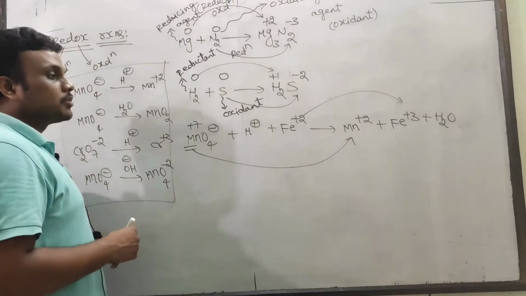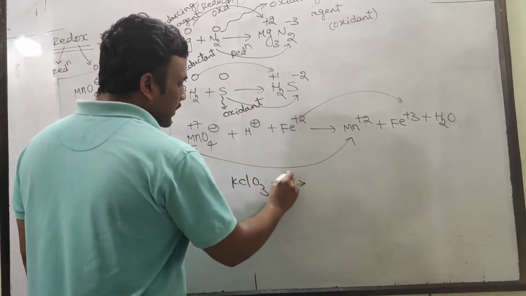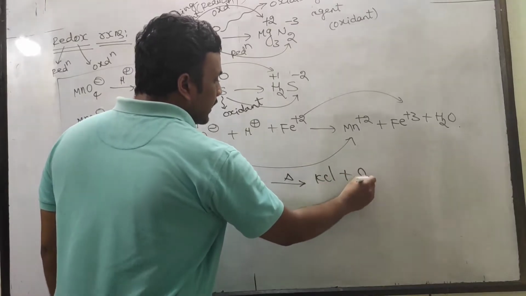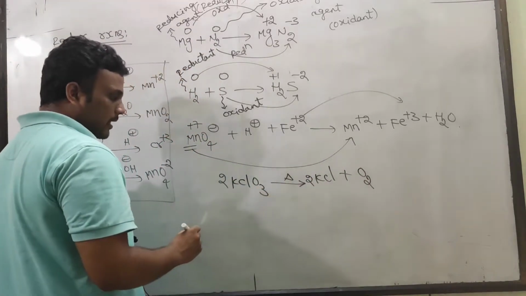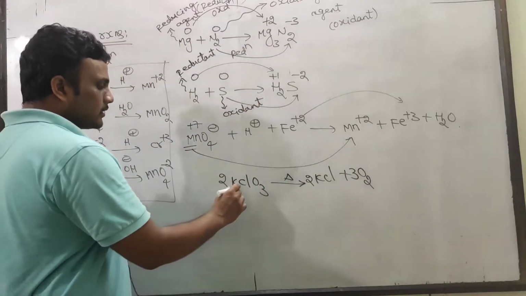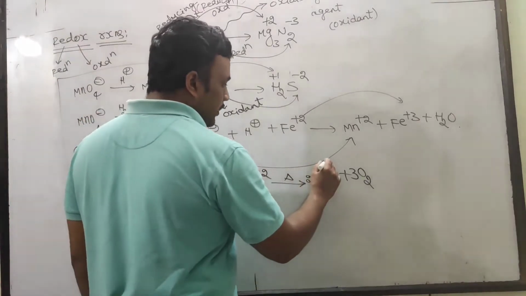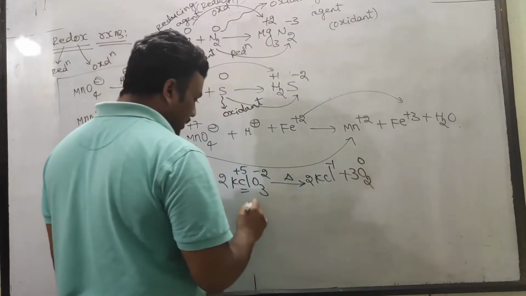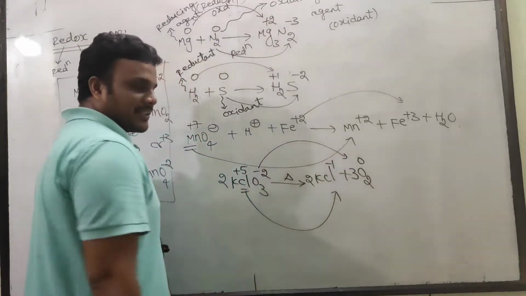Redox reaction is also possible within a molecule like this. KClO3 on decomposition gives KCl plus O2. So I want to balance this. Here chlorine is in +5 oxidation state, oxygen is in -2, but chlorine becomes -1, oxygen becomes 0. So chlorine decreases in oxidation number, but oxygen increases in oxidation number.